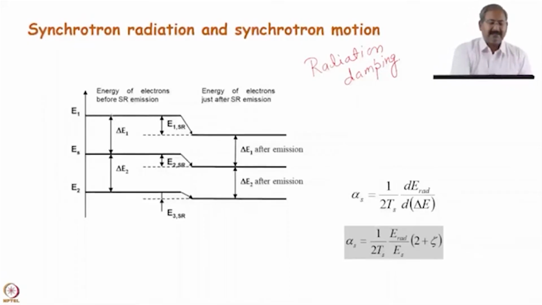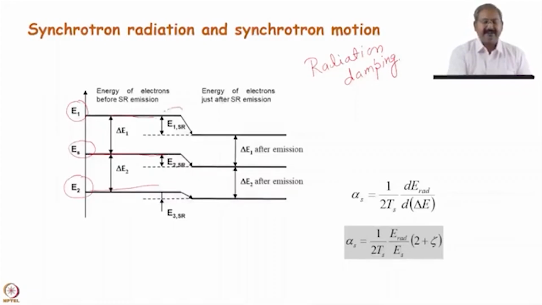Now I am taking 3 particles at 3 different energy levels. You can say the central particle is the synchronous particle which has the synchronous energy, and this particle is at higher energy, and this particle is at lower energy than the synchronous one. Now suppose all 3 particles pass through the dipole magnet and emit synchrotron radiation.